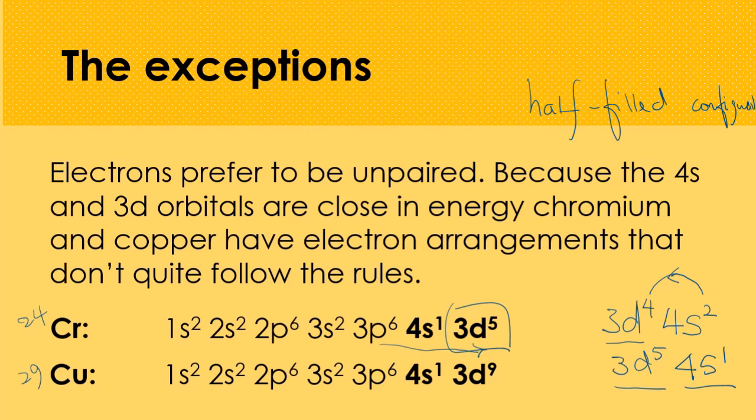Another exceptional rule applies to copper, with 3d10 and 4s1. Again, 3d9 in this case is less stable. Therefore, one electron is obtained from 4s to form 3d10.